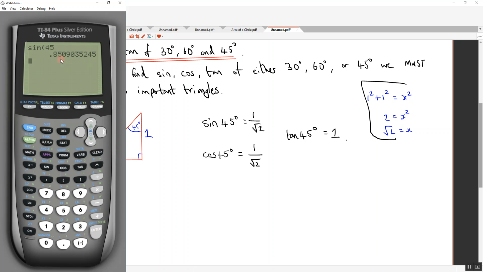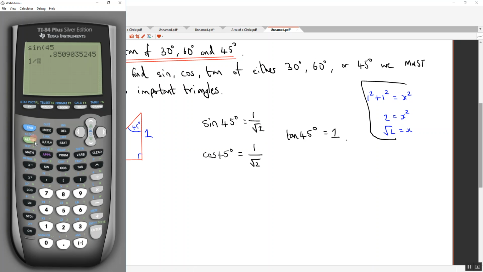So, is this number exact? No. Is this number exact? Yes, okay. 1 over square root 2 is exact, okay? What type of number is 1 over square root of 2? It's irrational, good, which means it goes on forever. 1 over the square root of 2, hopefully I get 0.85 and so on out.